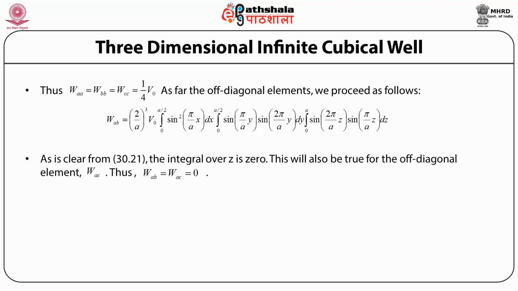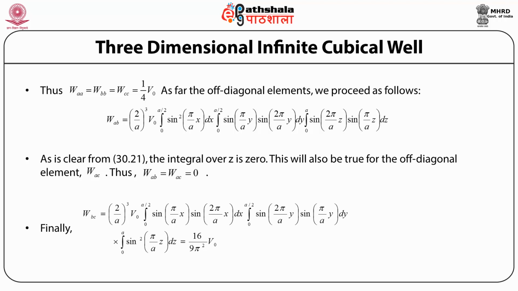As is clear from 30.21, the integral over z is 0. This will also be true for the off-diagonal element WAC. Thus, WAB and WAC are both 0.